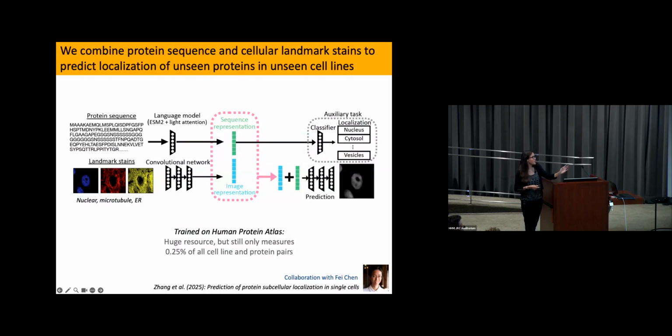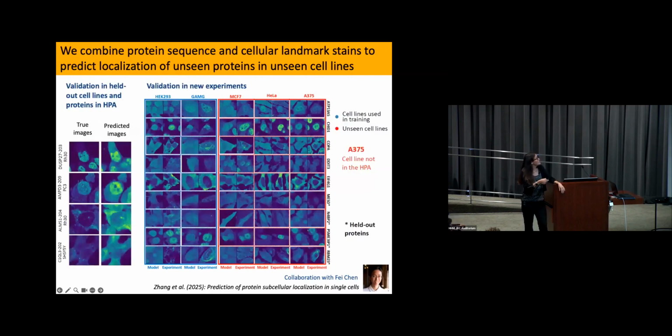First, let me show some validation. This is for held out proteins and cell lines from the Human Protein Atlas. These are proteins that the model has never seen, and also cell lines that the model has never seen, and we ask how well you can predict where that protein is in that cell line. Now, I think the nicer thing is to validate in new experiments.